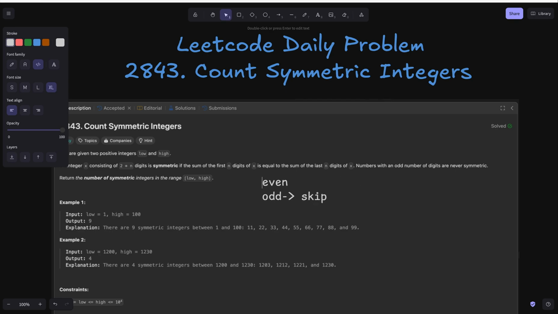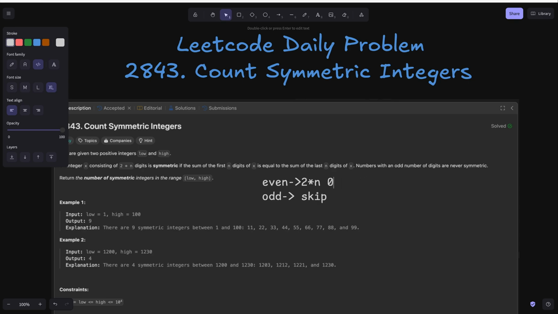If our digits count is even, we need to check the sum of the first n digits, with digit places 0, 1, 2, 3. This first n digits sum should be equal to the last n digits sum.